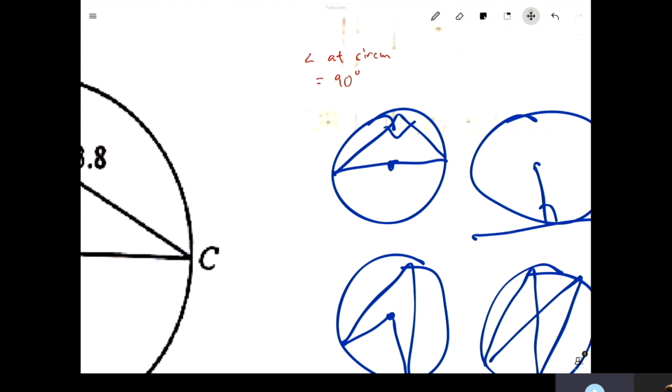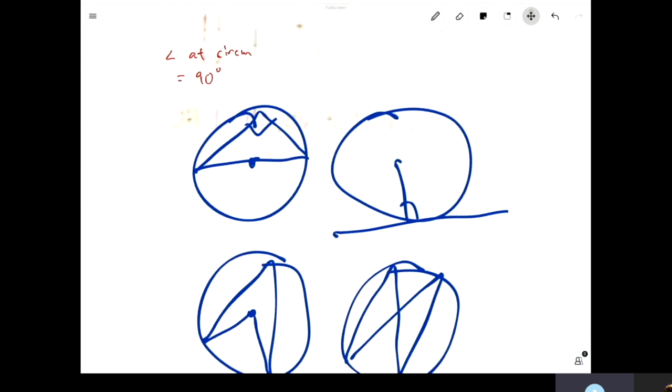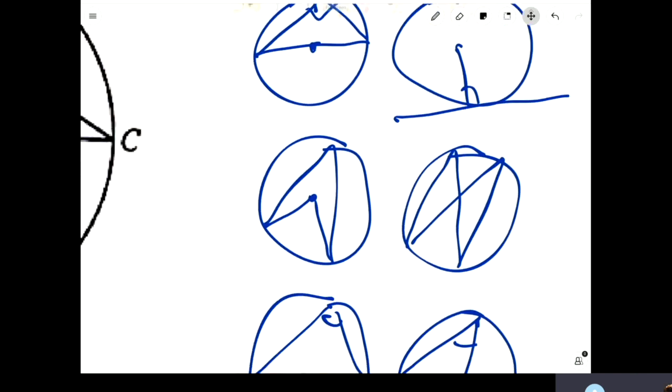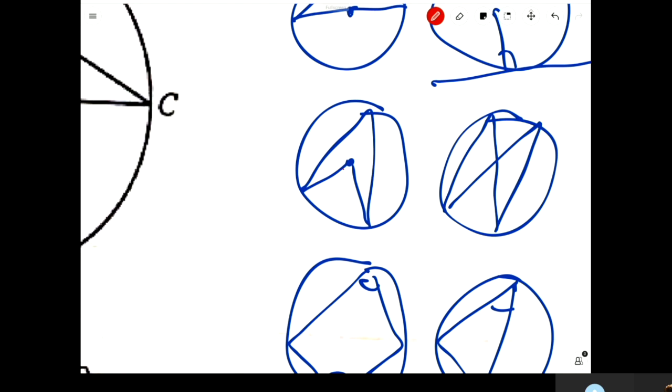Next: angle between tangent and radius equals 90 degrees. Next: angle at center is twice the angle at circumference.